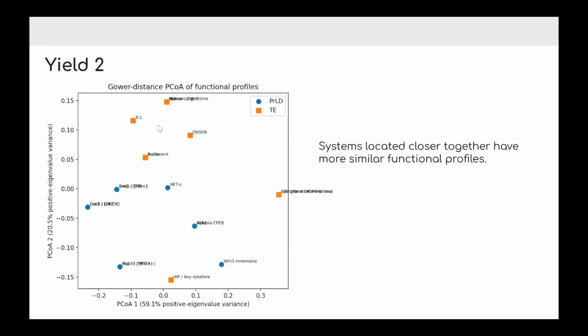They're not functionally identical, but not completely unrelated either. And in this pilot, the system type, whether it was prion-like domains or TE systems, explained about 22% of the variation. I treat this as exploratory, especially because these four dimensions represent different biological properties.